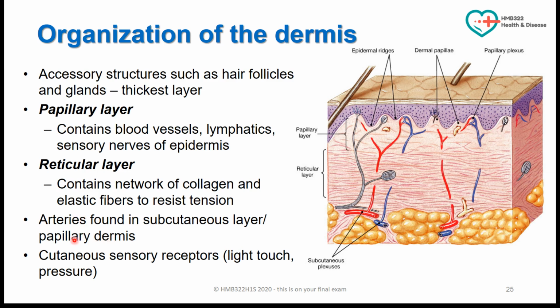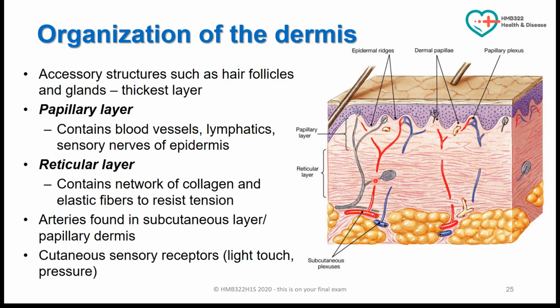And we'll often find that we have arteries at the base of this layer as well. And right at the border between the subcutaneous layer and the reticular layer, we have these different arteries and other major blood vessels. And we have some other sensory receptors for light touch as well as pressure. But again, those aren't the major things that I want to emphasize.